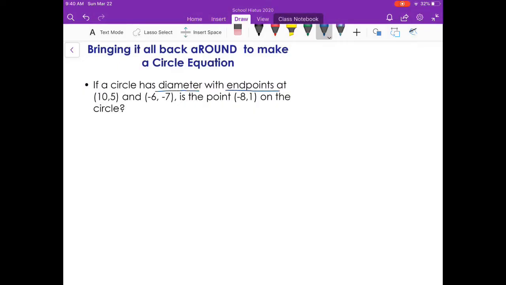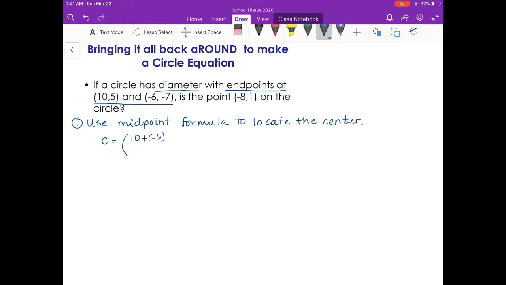In order to determine whether the point -8, 1 lies on a circle with the diameter endpoints at 10, 5 and -6, -7, we'll have to write the equation of the circle. The first thing we'll do is use the midpoint formula to locate the center.